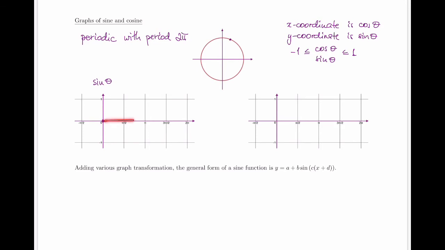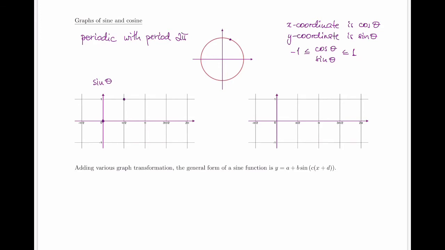Notice that I've labeled the x-axis in angles just to make it easier to graph the points. The next nice angle is pi/2, so this point right here, the y-coordinate of this point is 1, which means that at pi/2, the sine graph has to be up at 1.